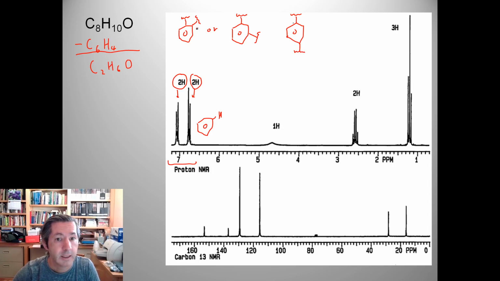Now if we take a look at this even further, if it was this compound right here, we would expect to see a hydrogen giving us a triplet in the aromatic region. There are no triplets there. Same thing over here. I would be expecting to see a triplet. Based on that, I have to rule out this structure and this one.